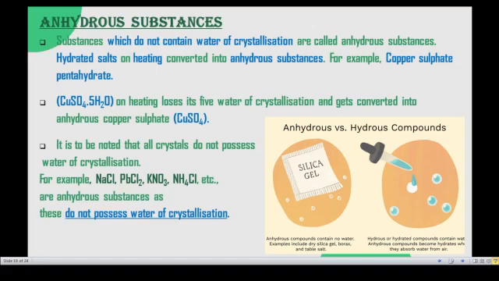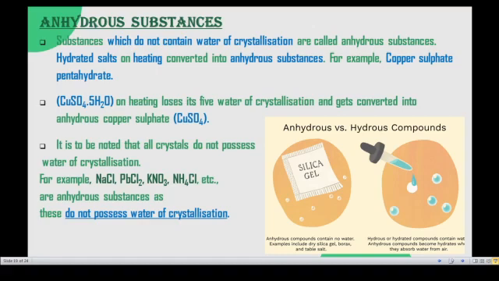And it is to be noted that not all crystals possess water of crystallization. For example, NaCl sodium chloride, PbCl2 lead chloride, KNO3 potassium nitrate, NH4Cl ammonium chloride, etc. These are anhydrous substances as they do not possess water of crystallization.